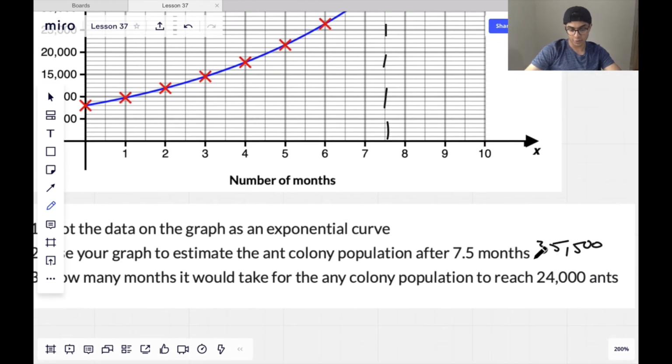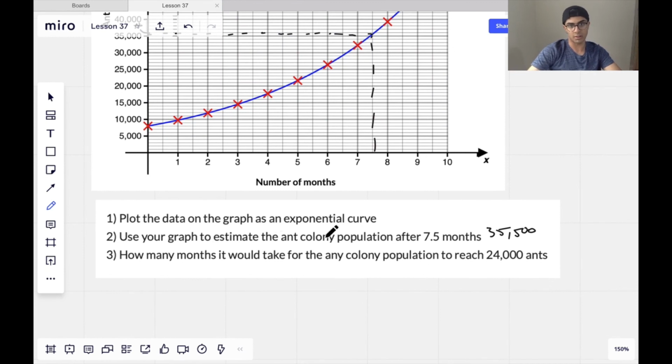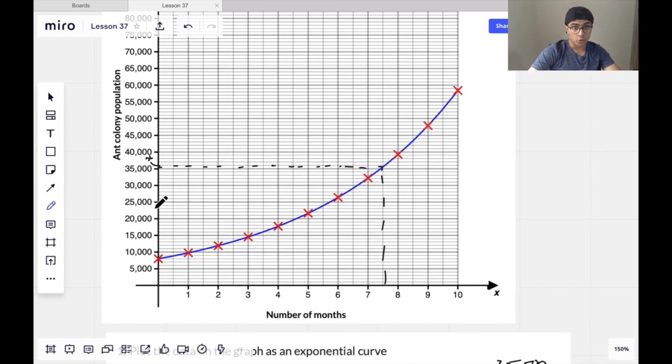35,500. Again, they're a bit nicer, so sometimes in the answer, you can have an answer between the range of say 36,000 and 35,000, for example. How many months would it take for the ant colony to reach 24,000 ants? Okay, 24,000, that comes out to over here, one below the thick line.